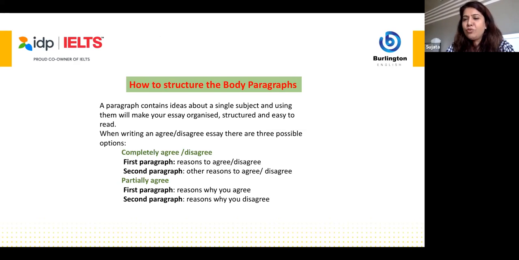So what did I do? I again used my keyword and I created cohesion. Today, the focus is not cohesion, but I can't teach essays without using these words. So please bear with me. Task achievement, lexical resource, which is vocabulary and collocations, cohesion and coherence, that is link between ideas, grammar range and accuracy, they all go hand in hand.